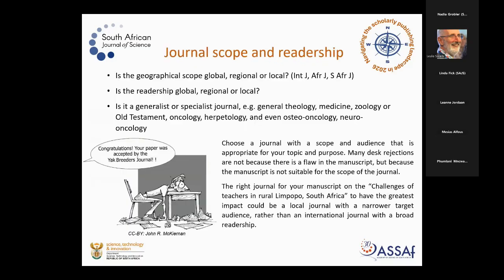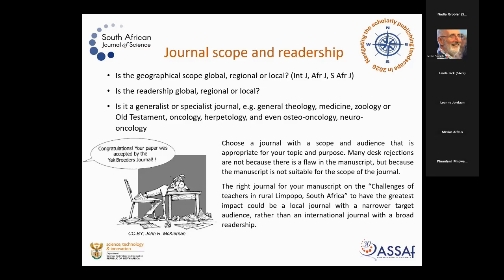You also want to look at the journal's readership. Is the journal's readership global, regional, or local in terms of geographical scope? Is it a generalist or specialist journal? But even beyond that, you have theology journals, and then you have theology journals that will be specific, for example, to the Old Testament.